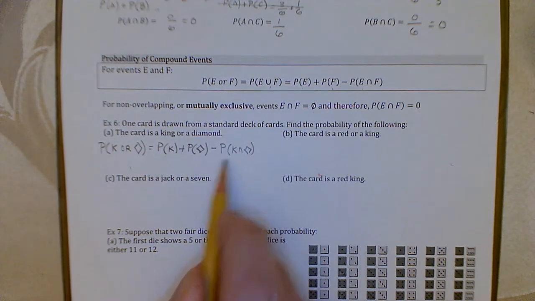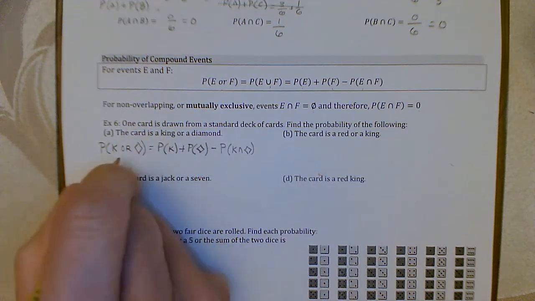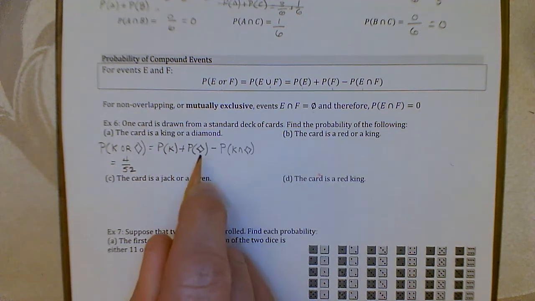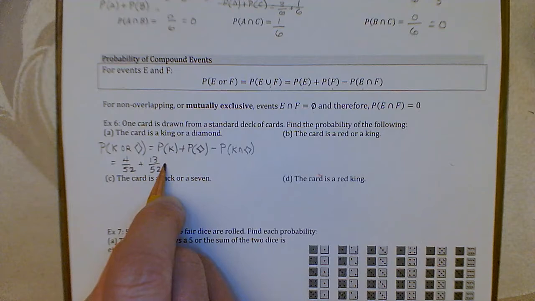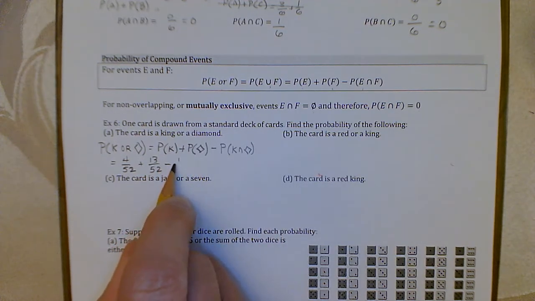But of course, we know there is one king that's a diamond. So how many kings are there? Well, there are 4 kings out of 52. How many diamonds are there? Well, there are 13 out of 52. And then we want to subtract. There is 1 diamond that's a king.